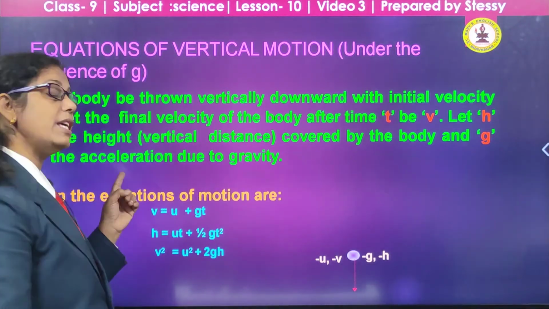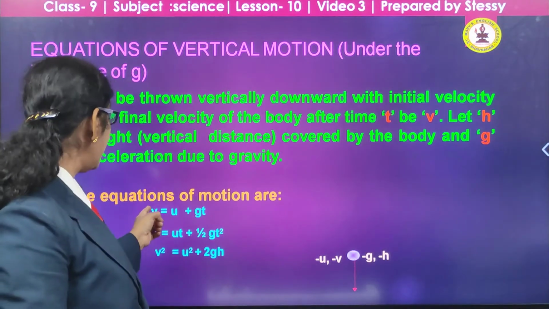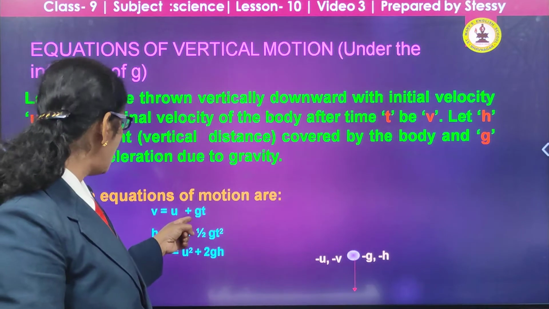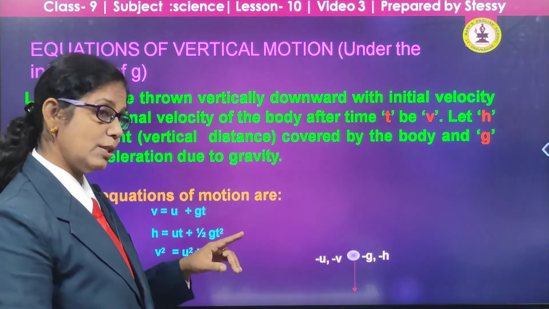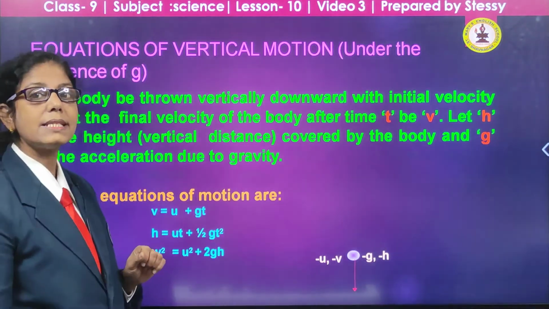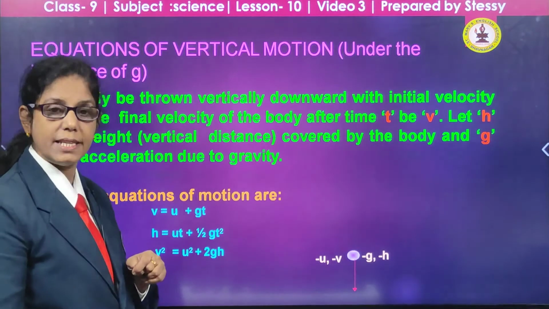First one is v is equal to u plus at. So v will become minus v, u becomes minus u, then a becomes minus g, and t. So minus and minus cancel from both sides. As a result, we get v is equal to u plus gt.